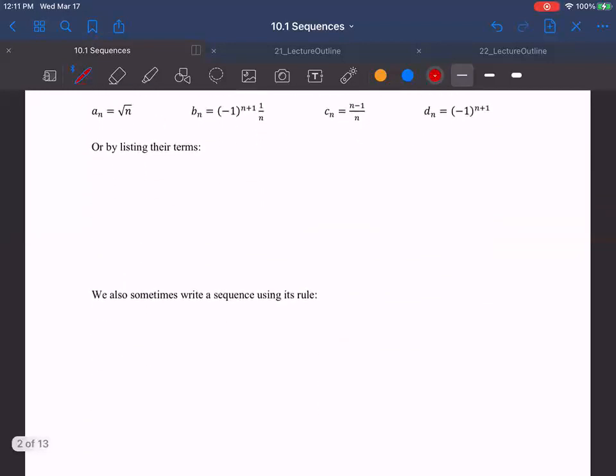Or instead of coming up with some sort of rule that generates them, you can also just list their terms. If there is a pattern, then you list the terms and you can make the pattern evident.